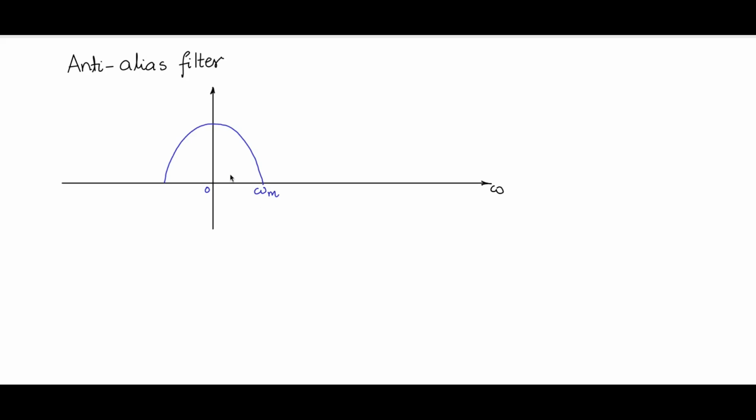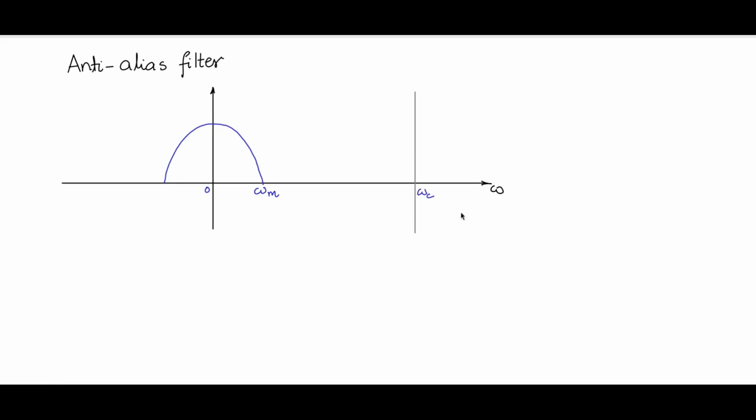Now let us say that we sample this. We have to pass it through an A to D, right? So let us sample it. If you sample it, you will see that there is a duplication of this baseband signal shape on the frequency axis. So let us say that we sample it at a carrier frequency called omega c.